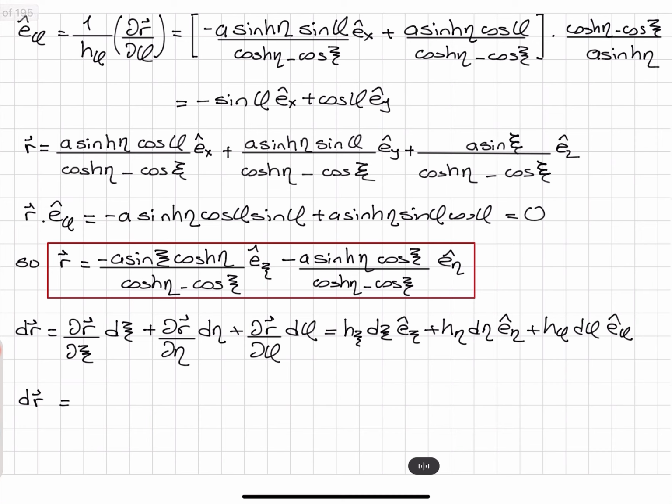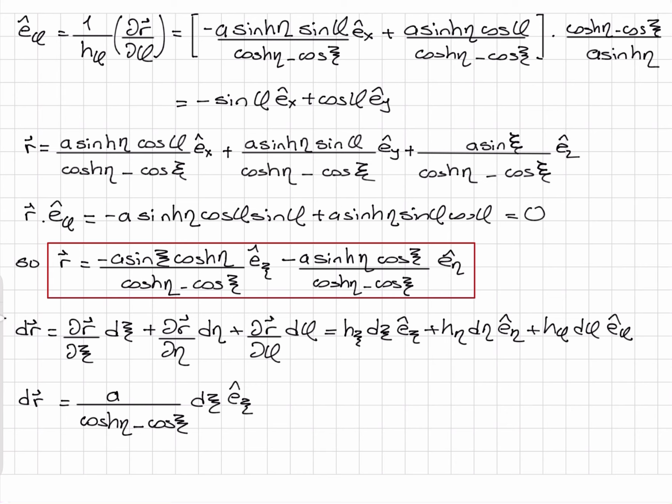So I have a over cosine hyperbolic eta minus cosine psi d psi in the e psi hat direction.